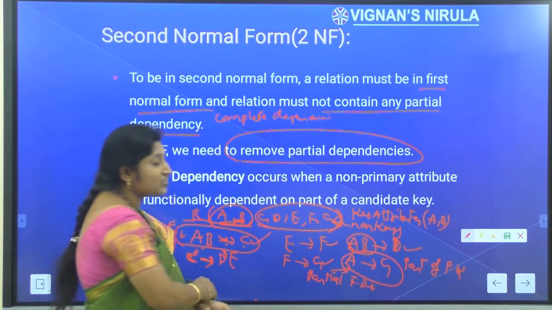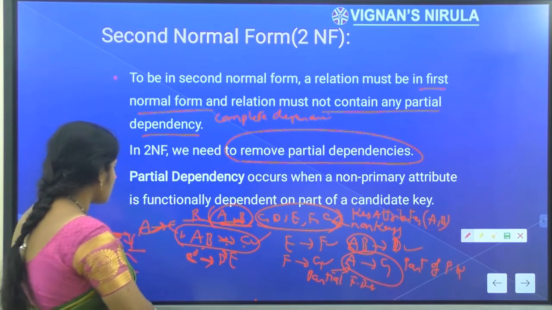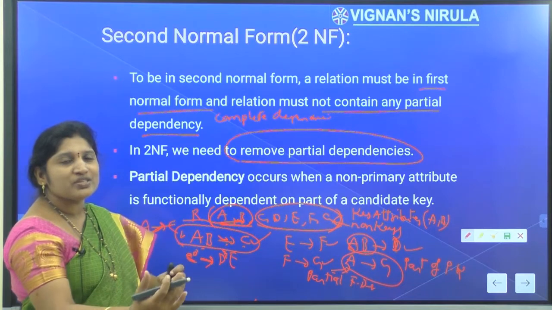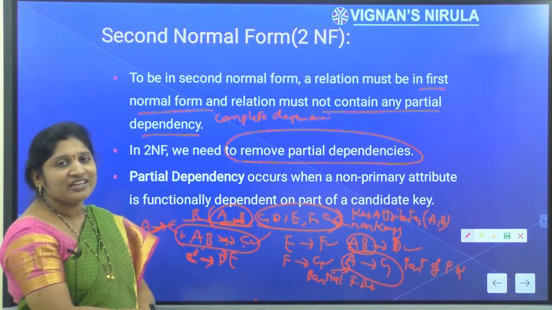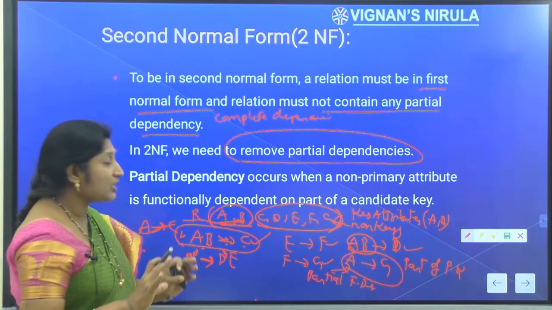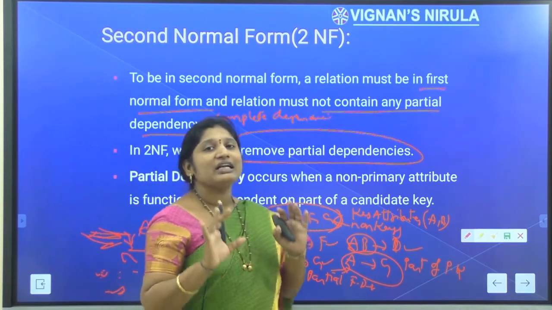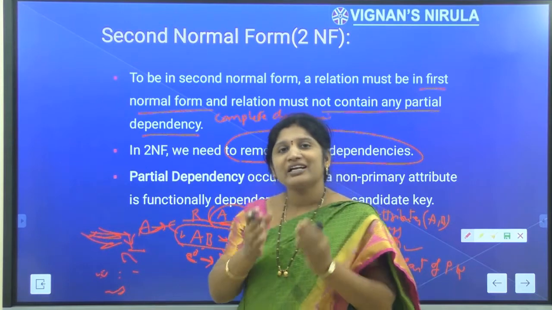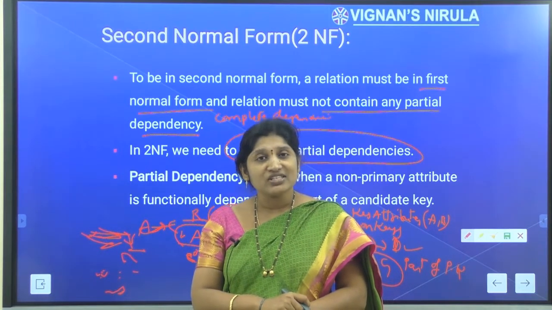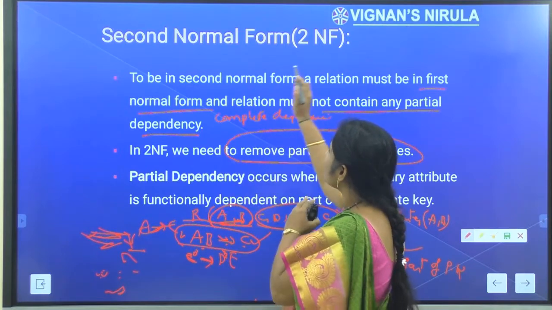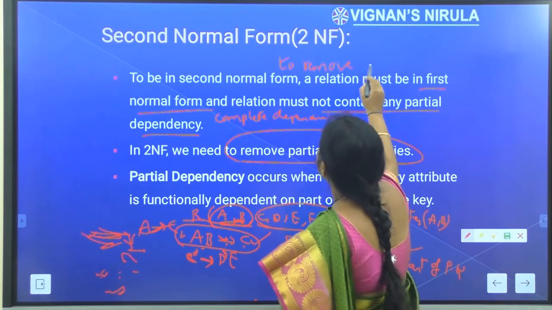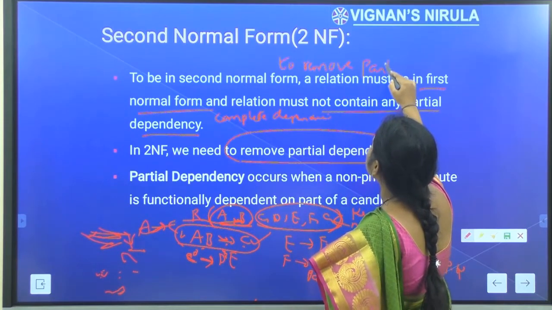While considering A implies C also, the non-key attribute C is depending on part of the primary key, that is also called a partial dependency. If the non-key attributes are dependent on some part of the primary key, that type of FDs are called partial FDs. The main aim of 2NF is to remove partial dependencies.